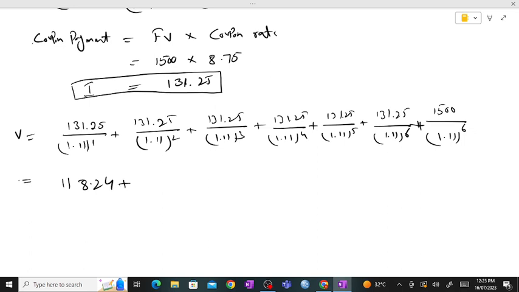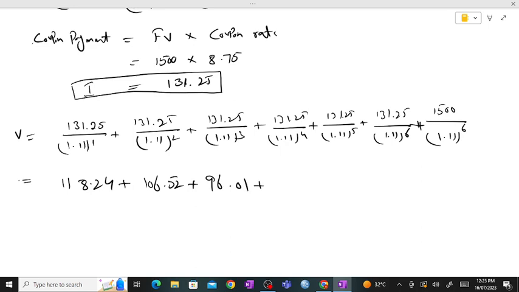For power 1, we have 118.24. The next would be 106.52. Then power 3 would be 96.01.